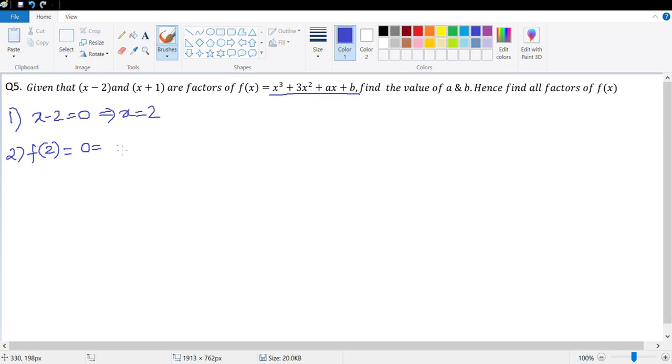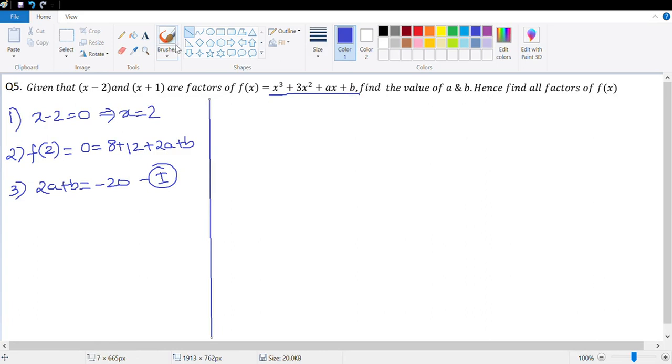We get 2 cubed, which is 8, plus 3 into 2 squared, that's 4 into 3, 12, plus 2a plus b, which means what we have is 2a plus b is equal to negative 20. That's our first expression. Yes, since x minus 2 is a factor, which means x is equal to 2, the remainder, which is 0, will be equal to the value of the expression when x is 2.